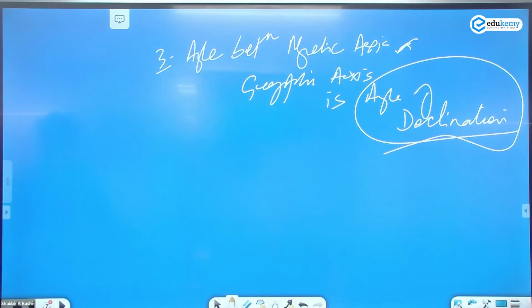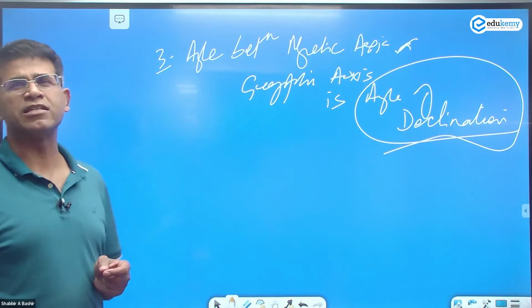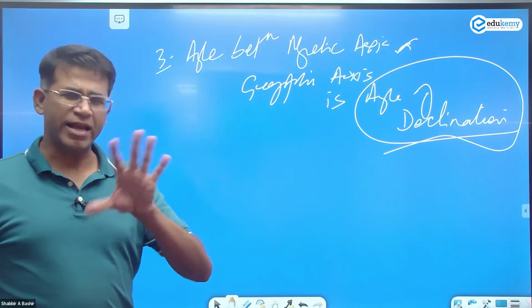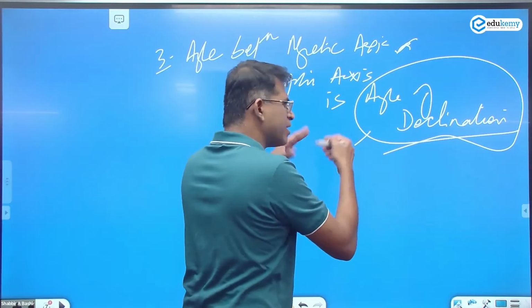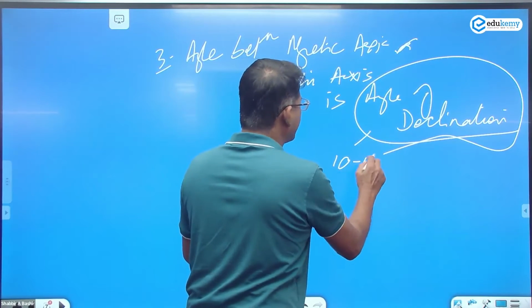Exactly, they don't coincide. There's a slight gap between them. It's called the angle of declination. Yes, for all practical purposes, it is considered to be fixed around 10 to 11 degrees.